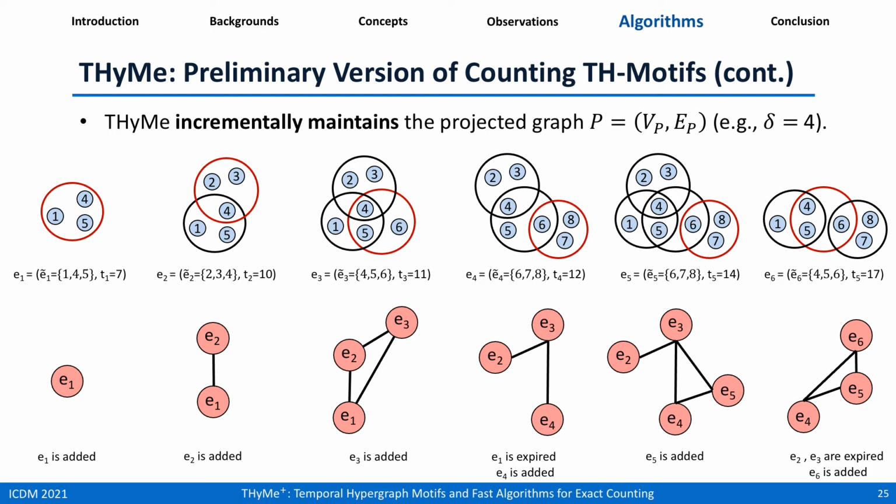Each new temporal hyperedge is added to the projected graph as a node, and those whose timestamps are at least delta far away from the current timestamp are explored and removed from the graph. Once the projected graph is updated, it enumerates the graph and counts the instances of 3 connected nodes in the graph.